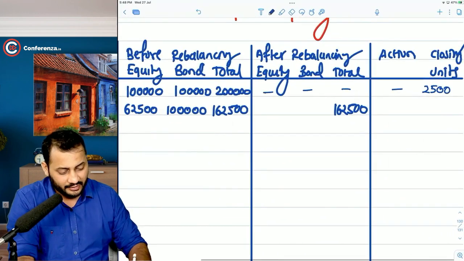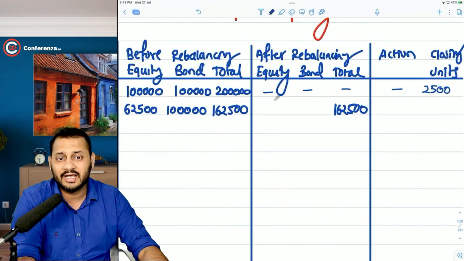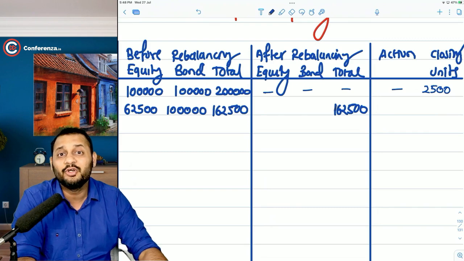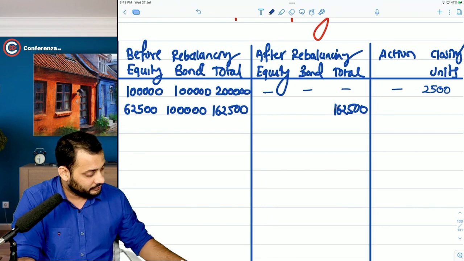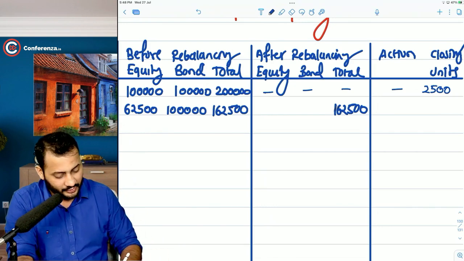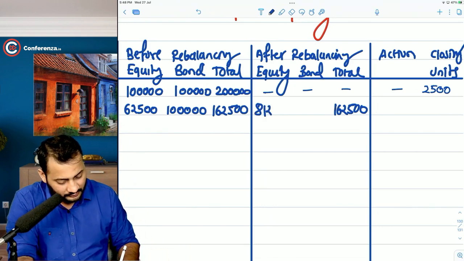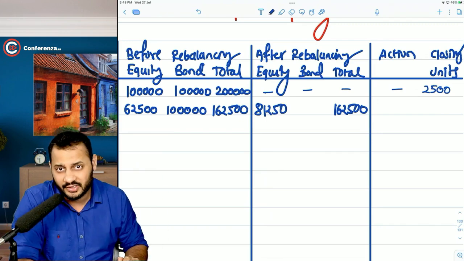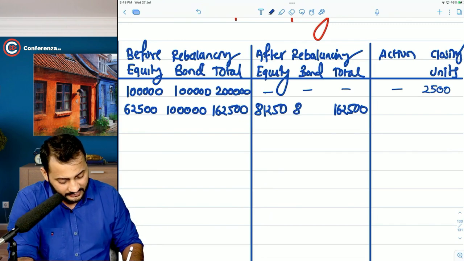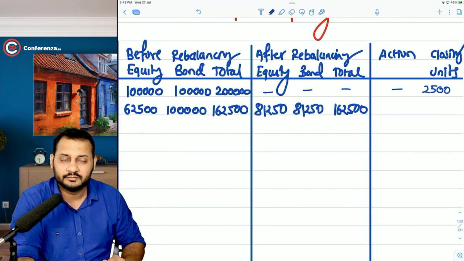So if we do that, we will have to just divide 1,62,500 by 2. We have to keep 50% of that in equity. So it comes to 81,250. Am I right? This should be the balance in equity. And the rest is 81,250.